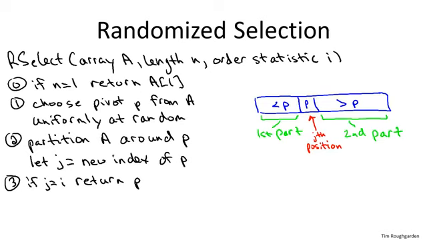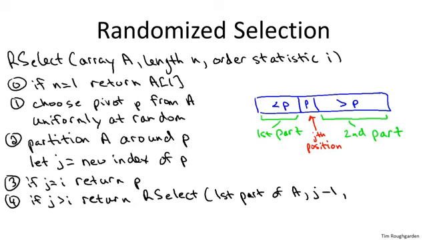The pivot's the jth smallest, everything less than it is to the left. We're looking for the ith smallest, i is less than j, so that's got to be on the left. That's where we recurse. Moreover, it's clear we're looking for exactly the same order statistic. If we're looking for the third smallest element, we're only throwing out stuff which is bigger than something even bigger than the third smallest element. So we're still looking for the third smallest of what remains. And naturally, the new array size is j minus 1, because that's what is to the left of the pivot.